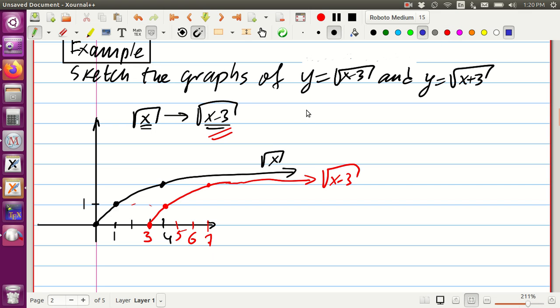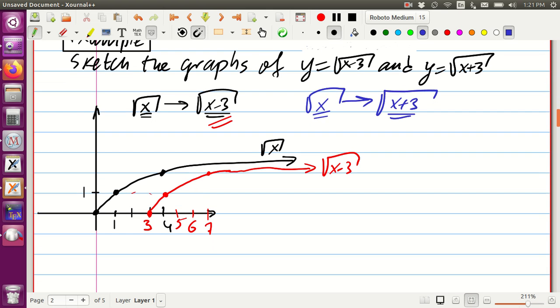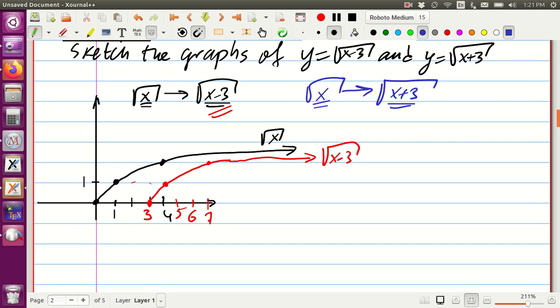This is square root of x minus 3. All right, now let's try to plot square root of x, but from square root of x we'll try to get square root of x plus 3. What happened is we substituted x by x plus 3, and that means we're going to shift 3 units to the left. So in blue we'll have the graph. This point travels -1, -2, -3, so it will be over here.